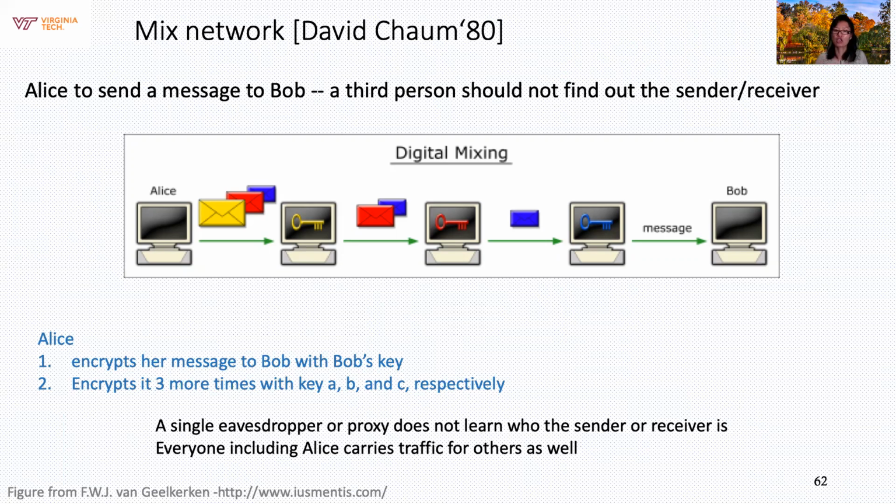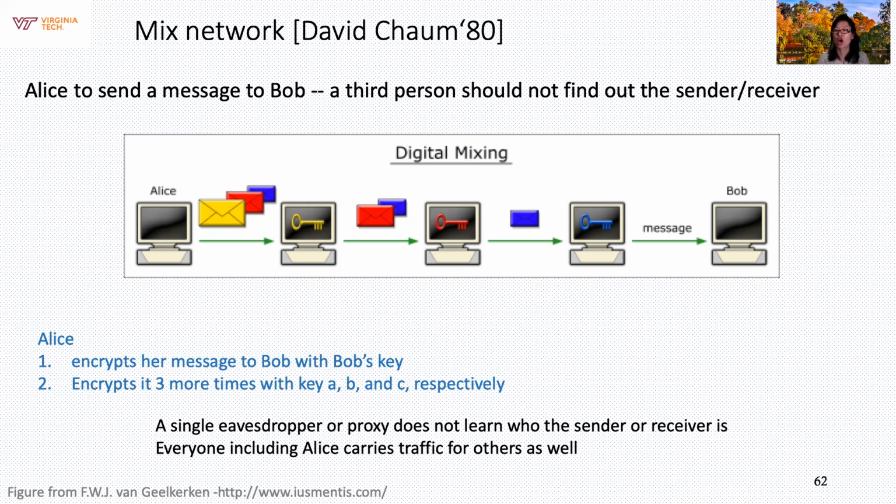At each hop, everyone just routes some messages, and they don't know if it originally came from Alice, or if Alice is routing this for somebody else. All they do is route some messages, some come in, some go out, and then the last hop will send the encrypted message to Bob.